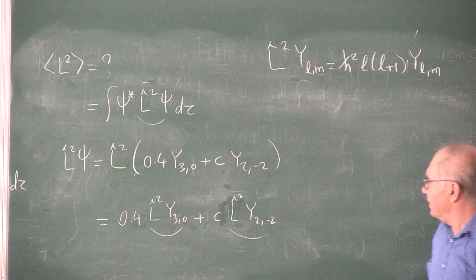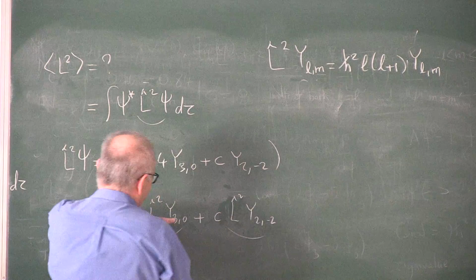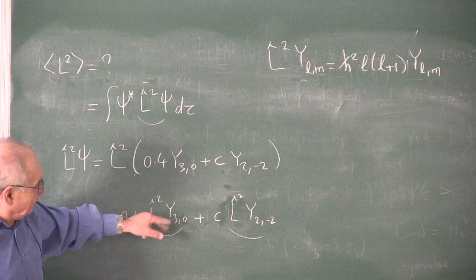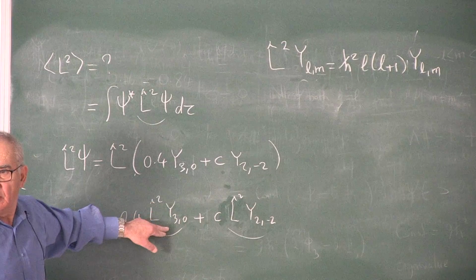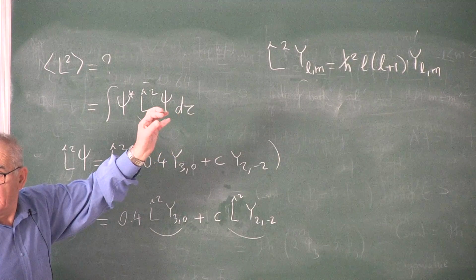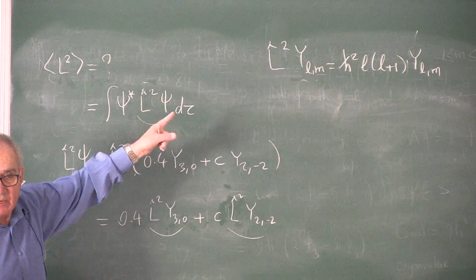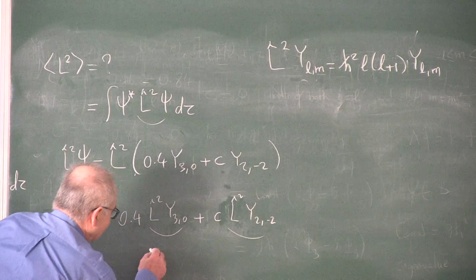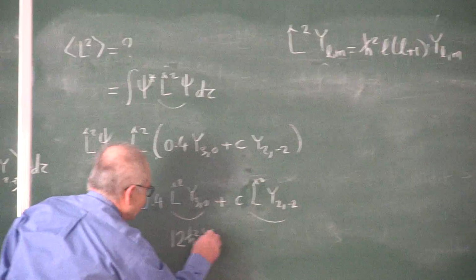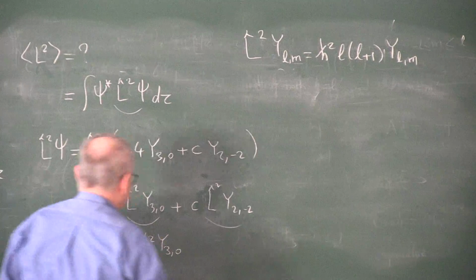Now, in the first term, what is the value of L? You read it from the subscript. L is 3. 3 times 4 makes 12 times h bar square. So this can be replaced with 12 h bar square times the same function.